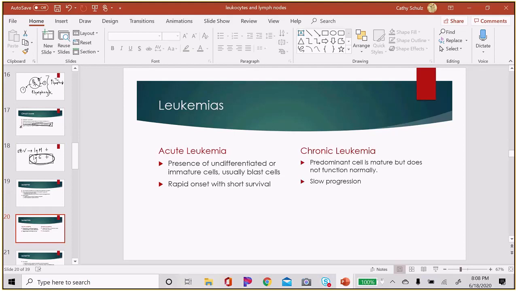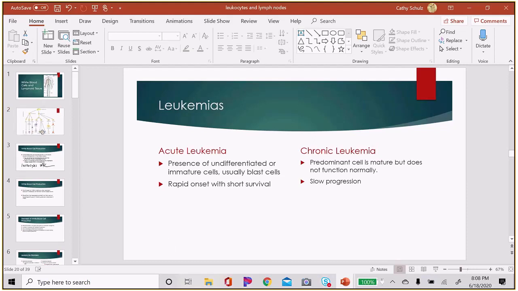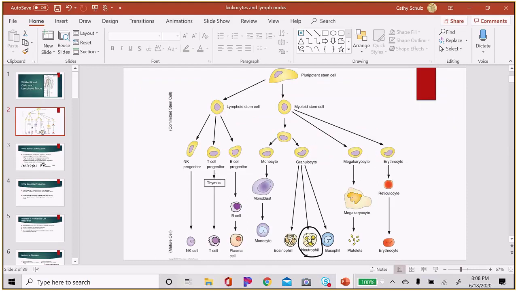So leukemias are classified as being either acute or chronic. Acute leukemia means that the cells are very undifferentiated, very immature. They're usually blast cells, which I know you didn't memorize this slide, but a blast cell is way up here.